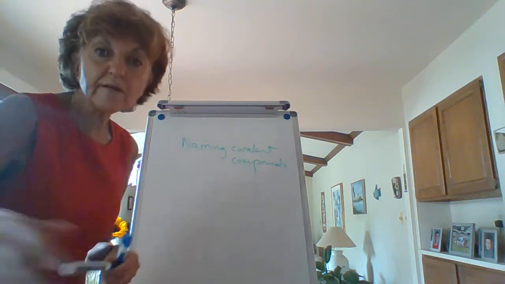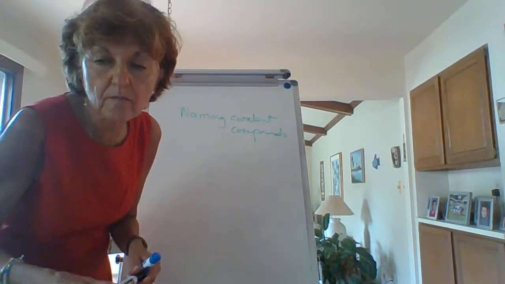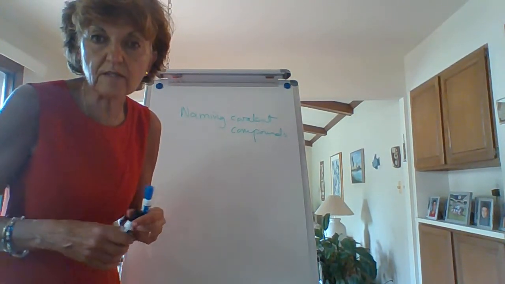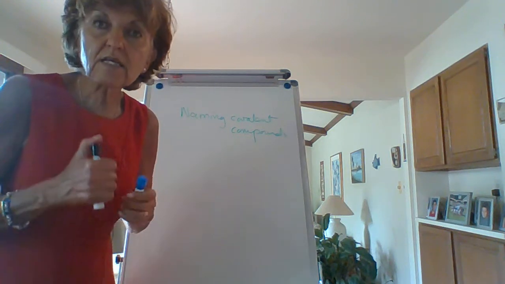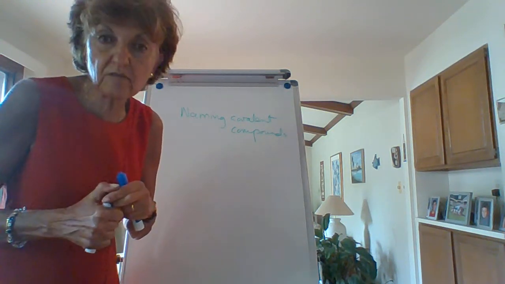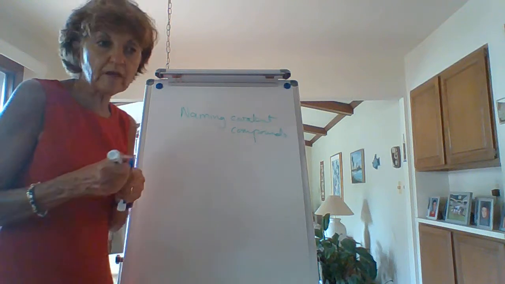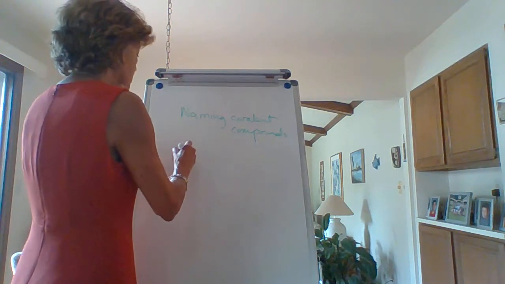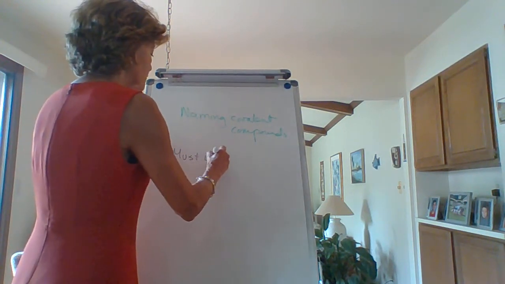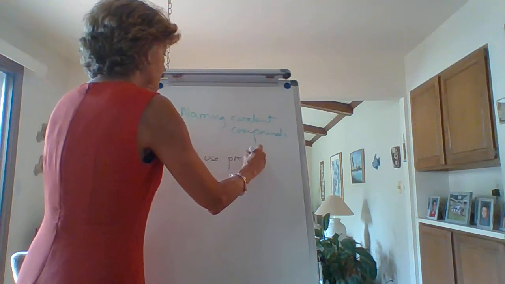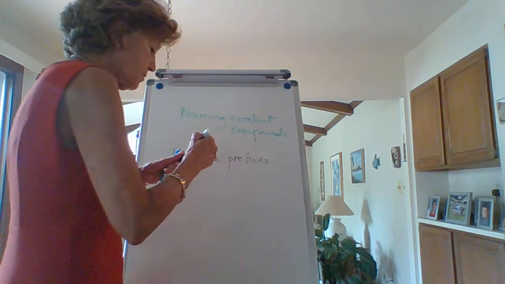So the big difference between ionic compounds and covalent compounds in the name is that you must use prefixes in the name of covalent compounds. What do I mean by prefixes?